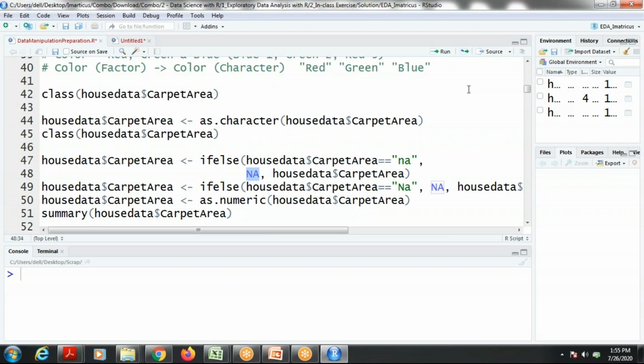So if it is written in lower case na, you want to convert that into NA. So where all this NA is written in small letters, you are going to convert everything to NA, and this NA is a missing value. So you are saying that this small na is going to be a missing value. Is that clear?